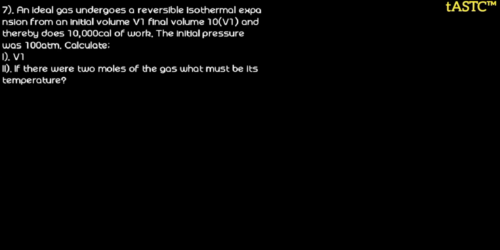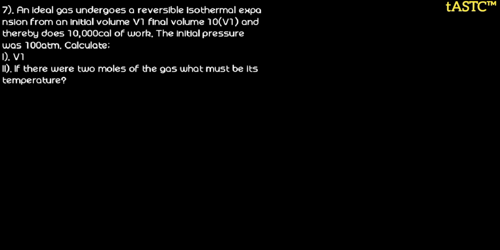Now this is the 7th question. An ideal gas undergoes a reversible isothermal expansion from an initial volume V1 to a final volume 10 V1, and thereby does 10,000 calories of work. So we are required to find out what is the first volume and what is going to be the temperature. But the initial pressure here is 100 atm.